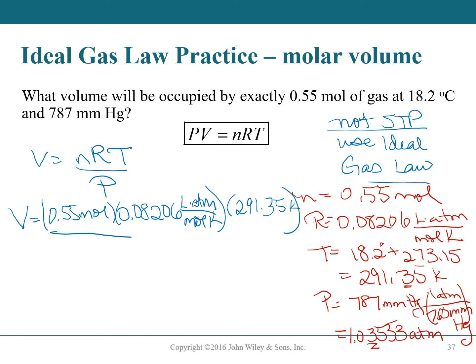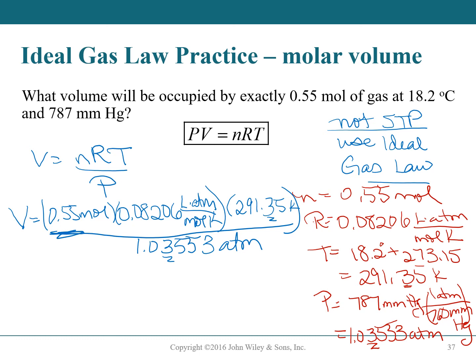All of this is divided by our 1.03553 atmospheres. This stops at the 3, this stops at this 3. But we only have 2 significant figures here, so our answer when we're done will be in 2 significant figures.